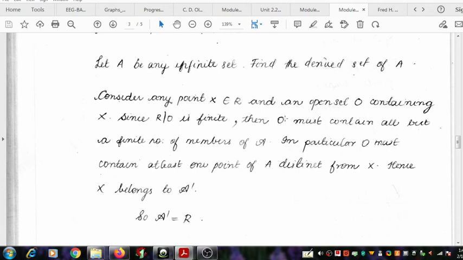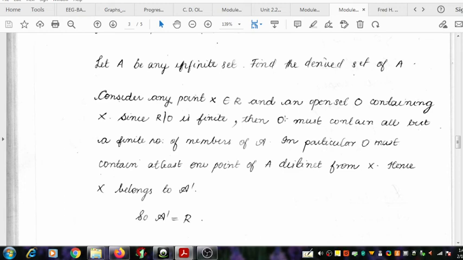And now again we think about the infinite set A, which contains infinitely many elements. Since A is a subset of R, suppose small a is a member of A. Then it can be either in O or in R minus O, not in both, because these two sets are disjoint.